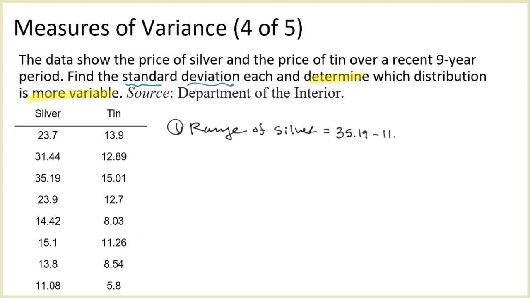So the range for silver, we look at the highest and the lowest values for silver, so 39.19 and 11.8, and we get a spread of $24.11.